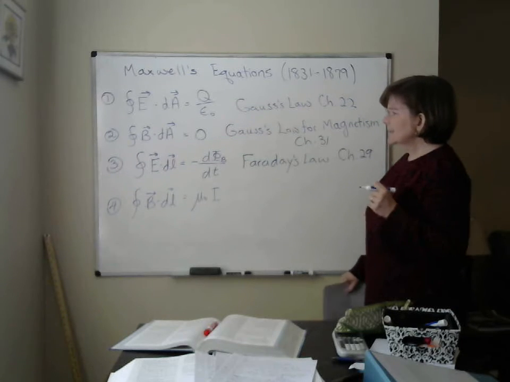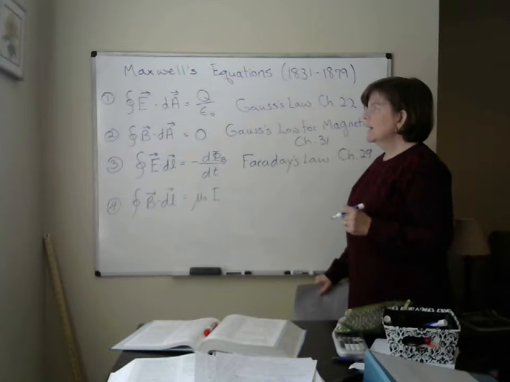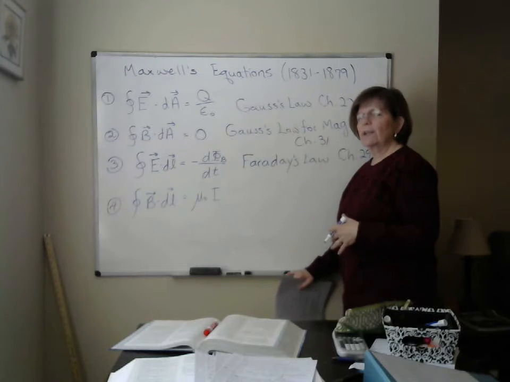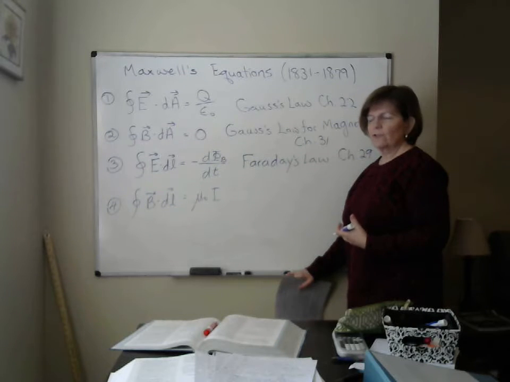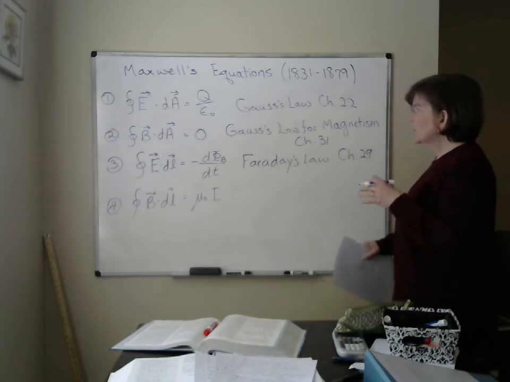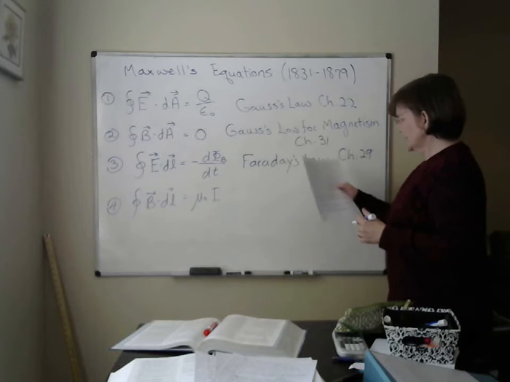But what they found is that it didn't explain everything. If you want a deeper understanding, you can go and look at chapter 31 in the first section, sections 1 and 2, I believe, and they'll go into a bit of a deeper explanation.